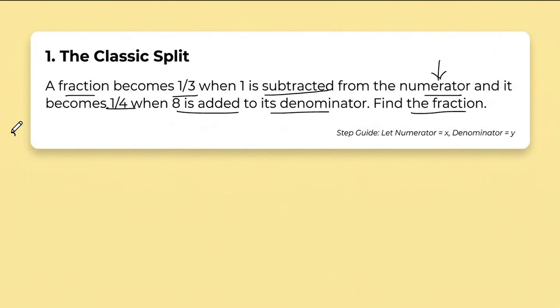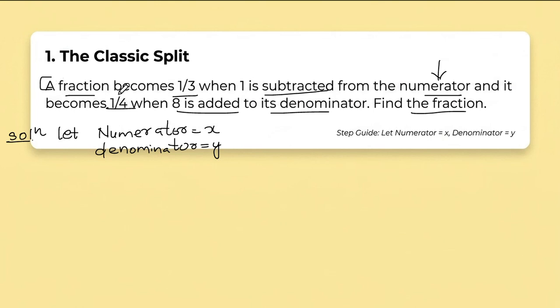So when you write the solution, the first step is to consider the numerator and denominator. The numerator is equal to x, and we will consider the denominator as y.